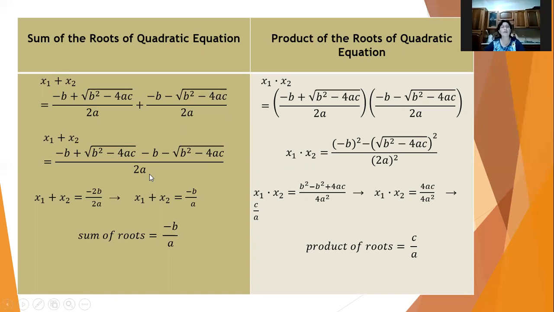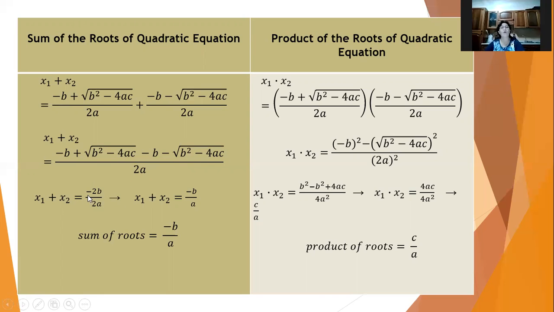Then simplify. X sub 1 plus x sub 2: negative b minus b is negative 2b, plus square root of b squared minus 4ac minus square root of b squared minus 4ac, and that is 0, over 2a.